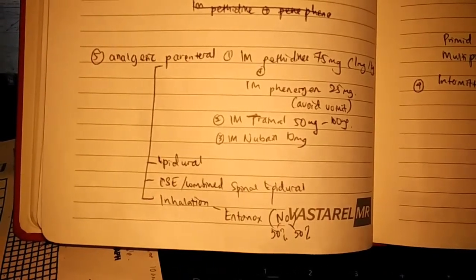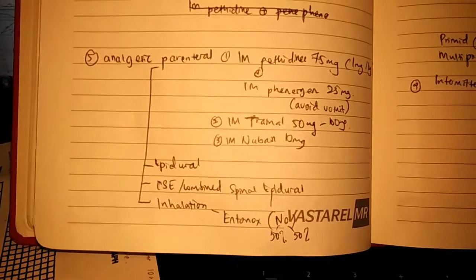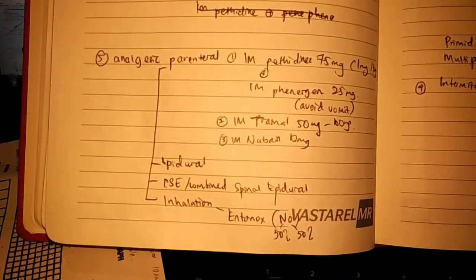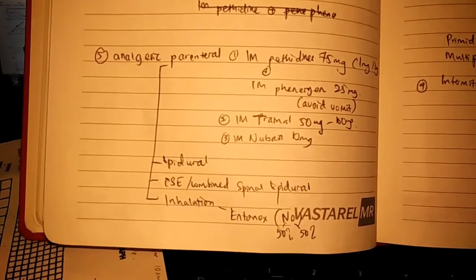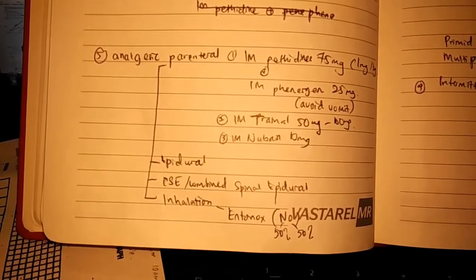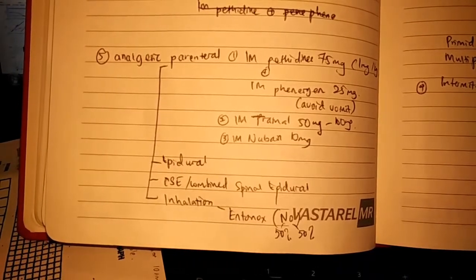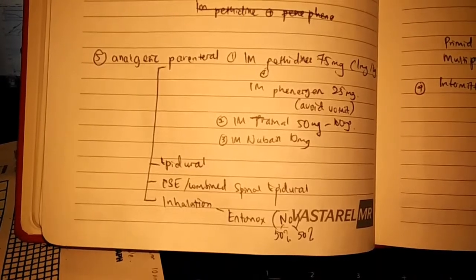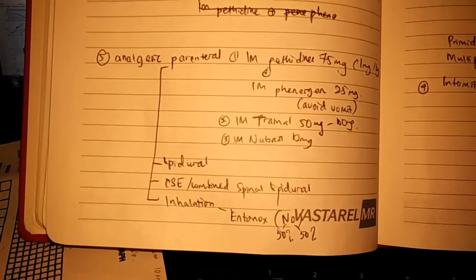The Phenergan is to avoid vomiting. Tramal 50 mg to 100 mg. Nubain 100 mg. There is also epidural, combined spinal epidural, and inhalation, which we usually give Entonox, 50% oxygen and 50% nitrous oxide.